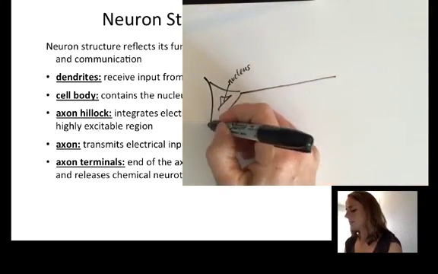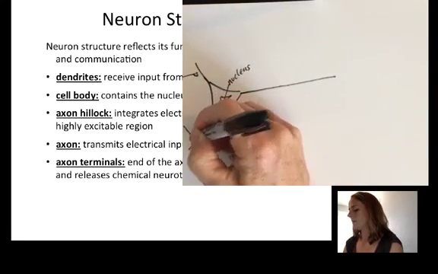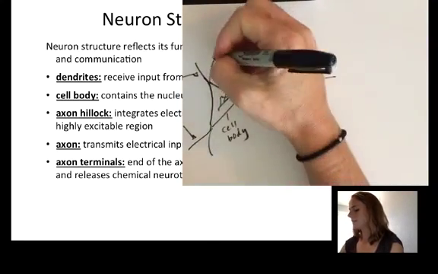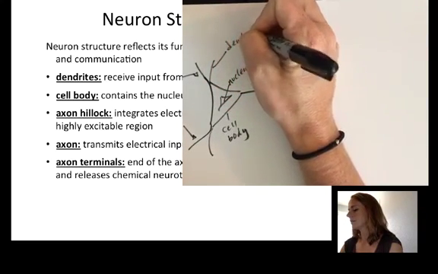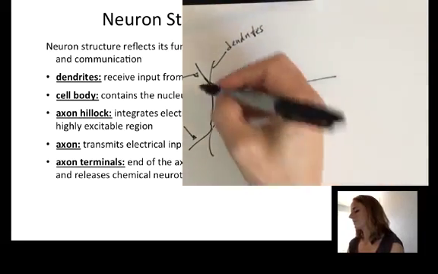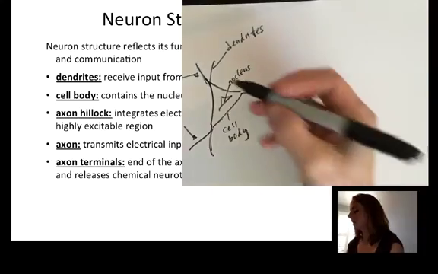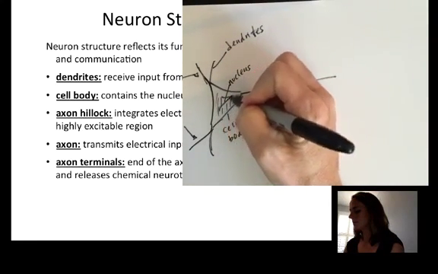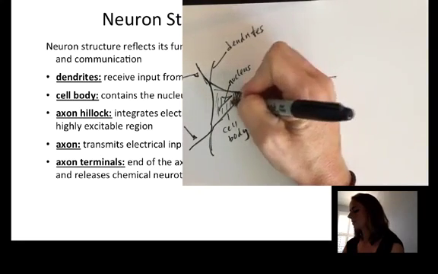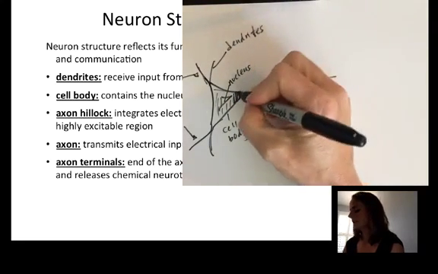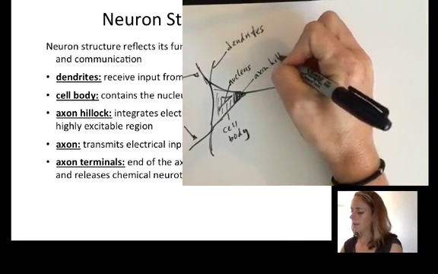And then we have the input regions, which will receive signals from other cells. And these input branches are called dendrites. With several dendrites coming into the cell body, and they will bring signals into the cell. Those signals will get integrated here at the axon hillock.